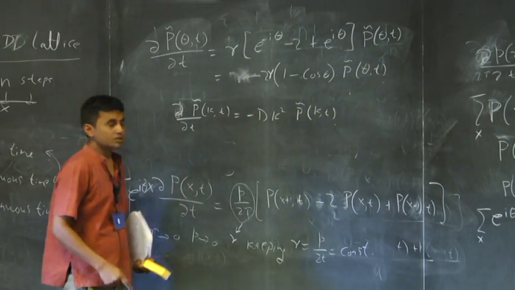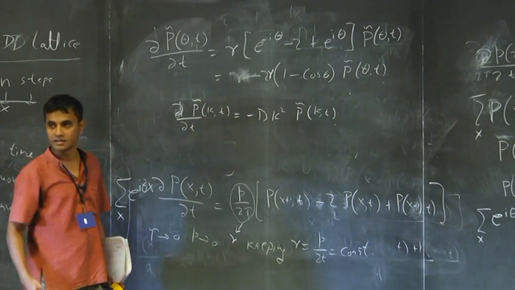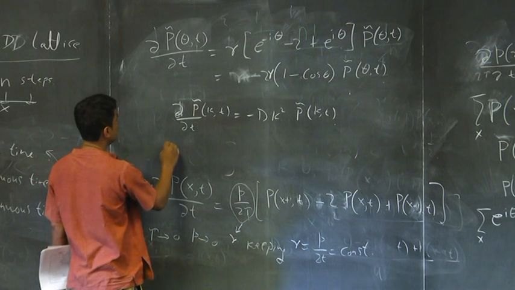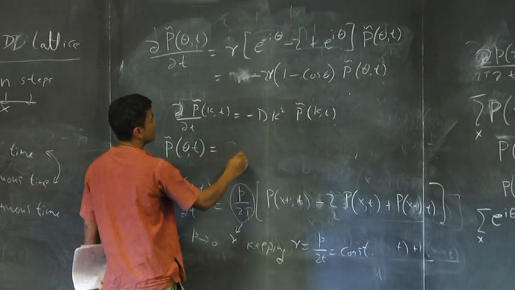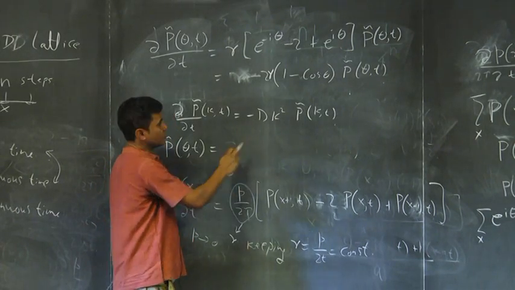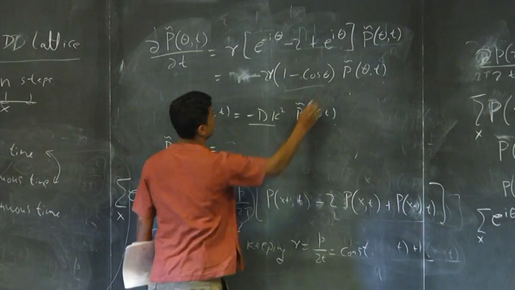Now the solution of this is the same as the solution of the earlier equation. So we have p tilde of theta, t is equal to what? It's exactly this equation, except that d k square is replaced by this object.